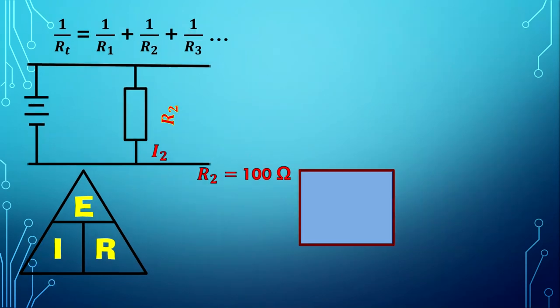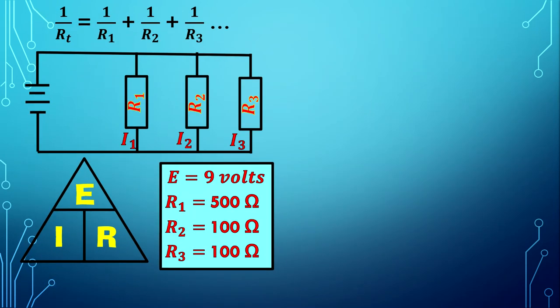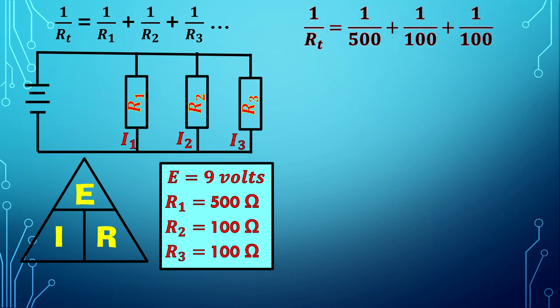All right, let's look at one more example. This one with 3 resistors. So we've got a 500 ohm resistor, a 100 ohm resistor, and another 100 ohm resistor. First, I'll calculate my total resistance. Again, I just substitute my resistance in each of the fractions. So we've got 1 over 500 plus 1 over 100 plus 1 over 100. I want to change those to decimals.